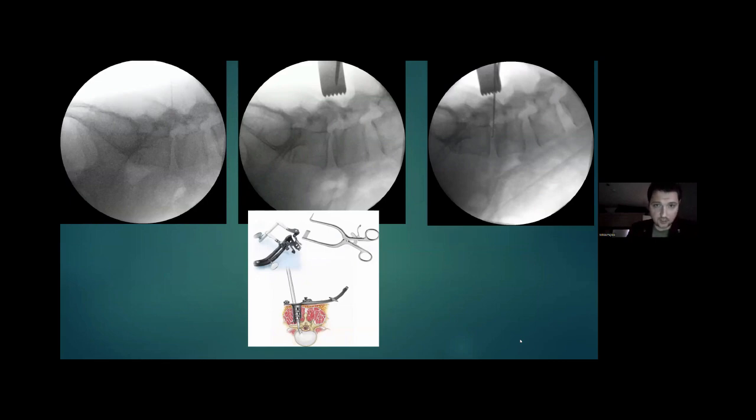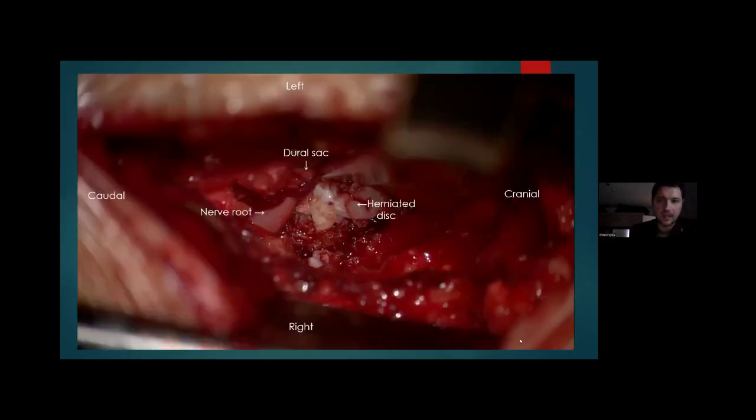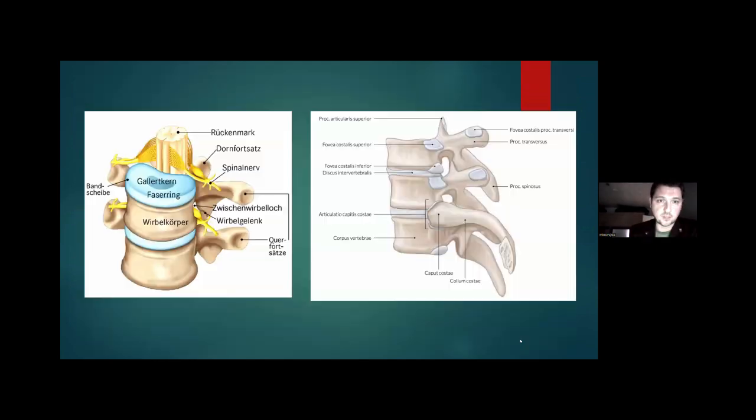The second X-ray is where you put your retractor. There are different types of retractors. The third X-ray is when you put your hook into the disc space. And this is one image from our surgery with the dural sac, nerve root, and herniated disc. This is on the right side, in this very patient with L5S1 herniated disc.